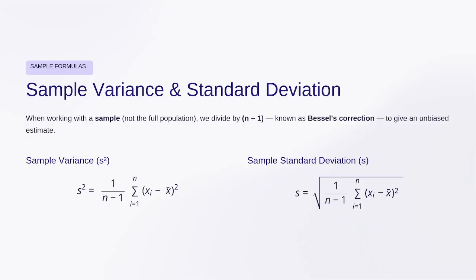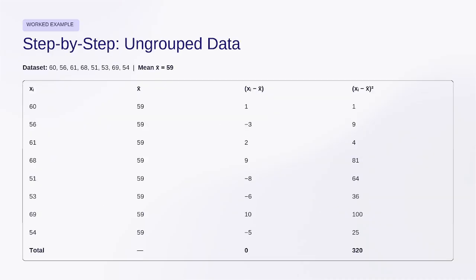Now let us calculate variance and standard deviation. The data set is 60, 56, 61, 68, 51, 53, 69, 54. Find the mean. The mean, we already calculated, is 59.